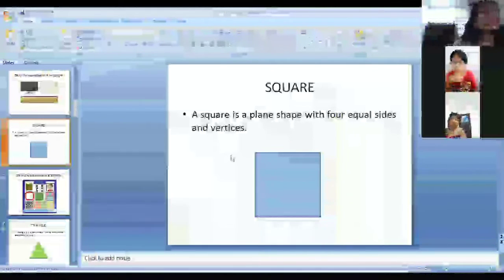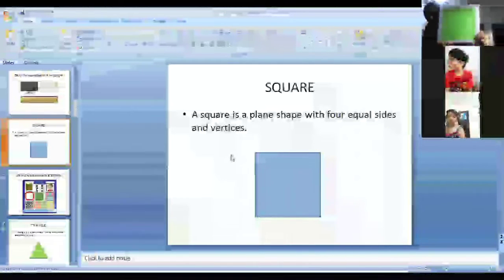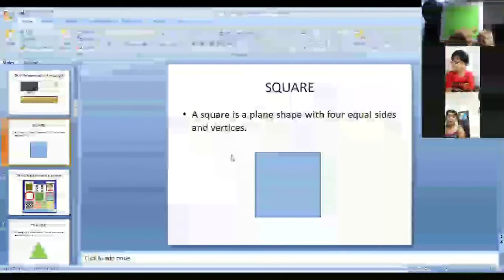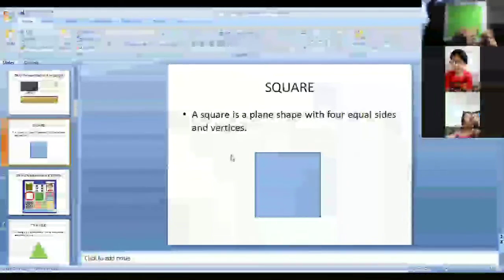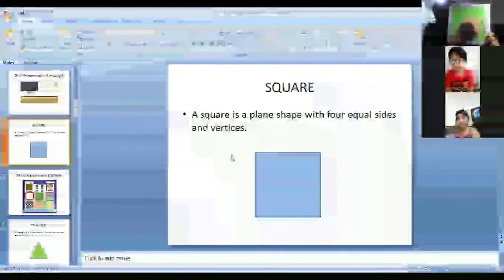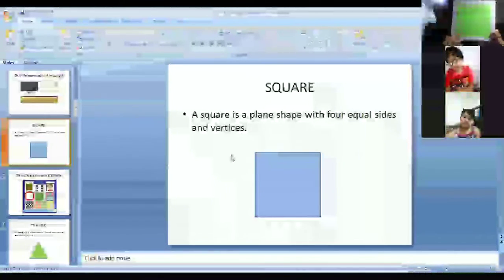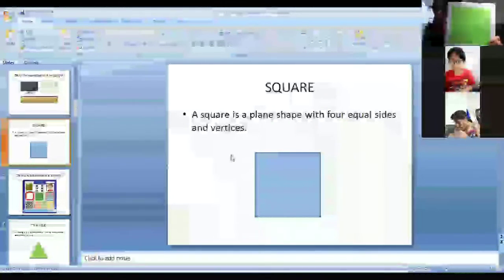Okay, so this is a square shape. Please have a look, children. It is a square shape, this green one, and all its four sides are equal: 1, 2, 3, and 4. All the sides of a square are equal.